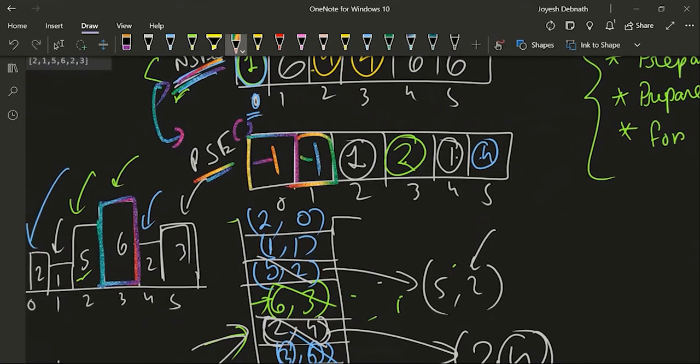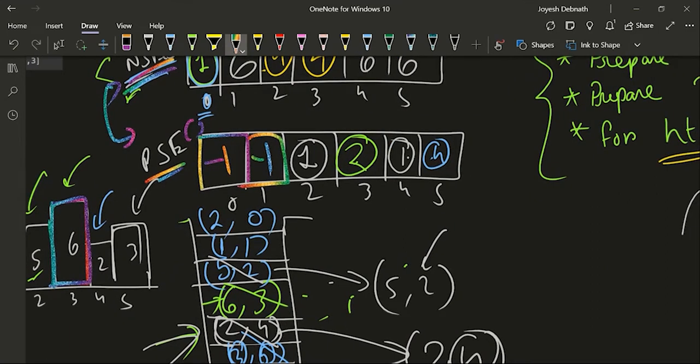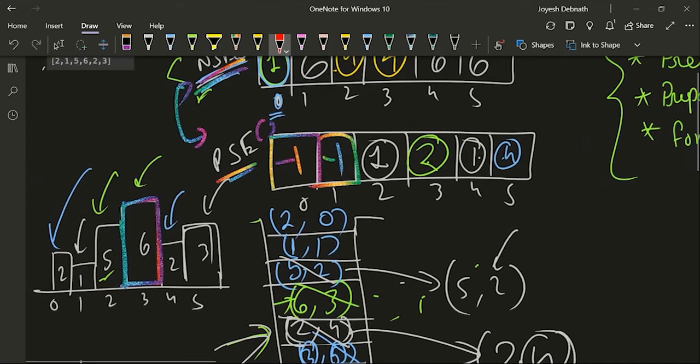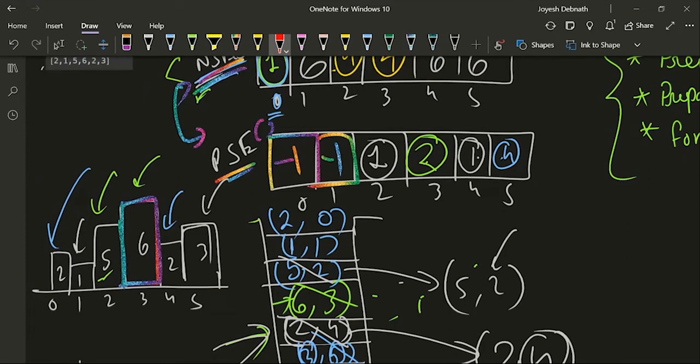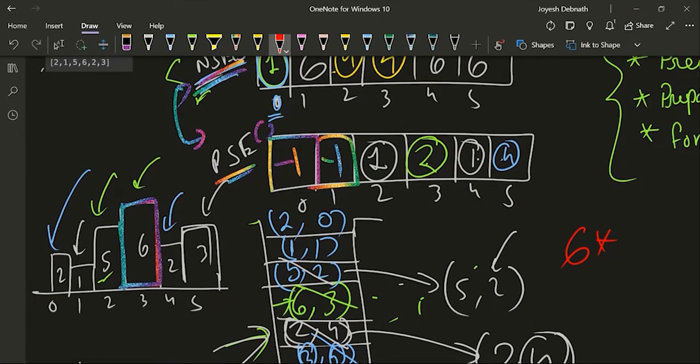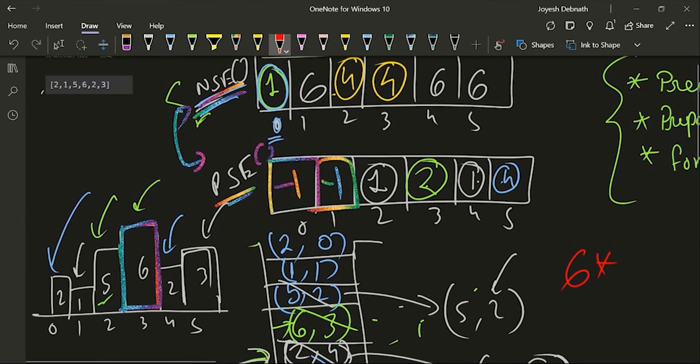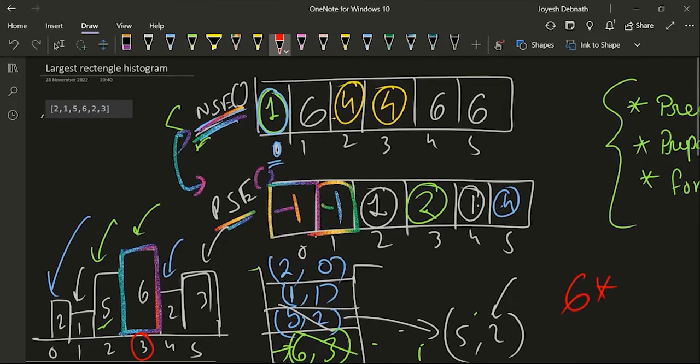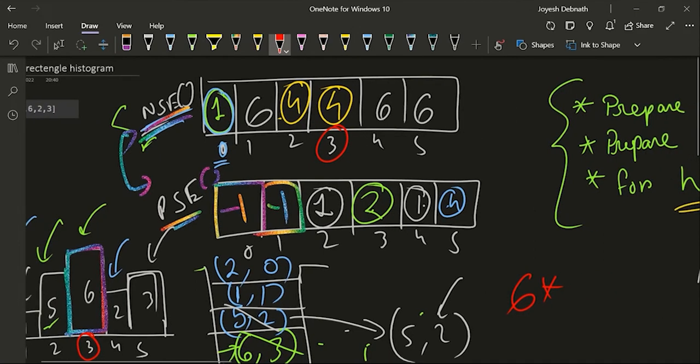So for this particular block, which is 6, if I find out the contribution of 6, then we can see that height is 6 into the next smaller for index 6, for block 6 it is 3. So go to the index 3, it is 4.